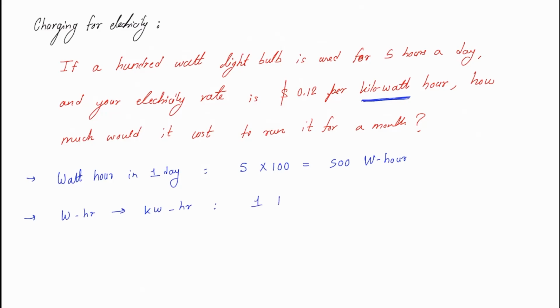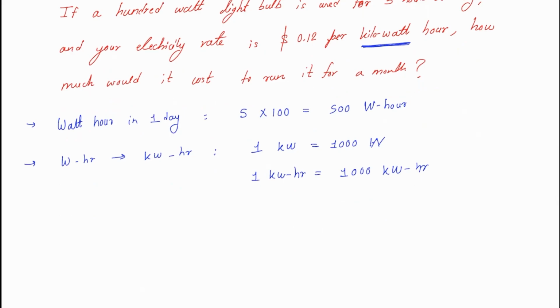All you need to know is 1 kilowatt is equal to 1,000 watts. So what will be 500 watt hours? Well, 500 watt hours is equal to 500 over 1,000. That gives you 0.5 kilowatt hour.